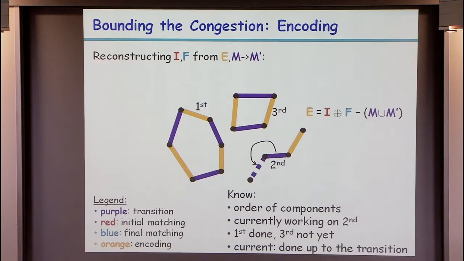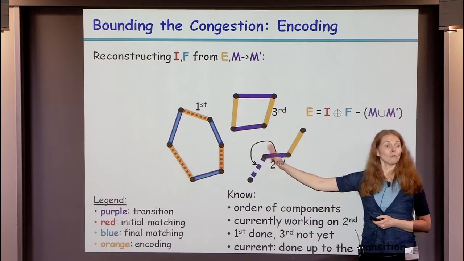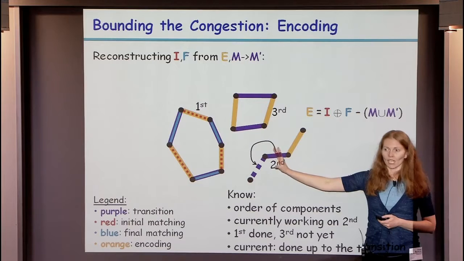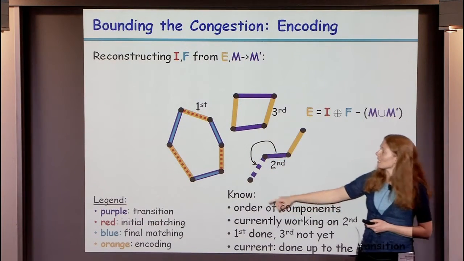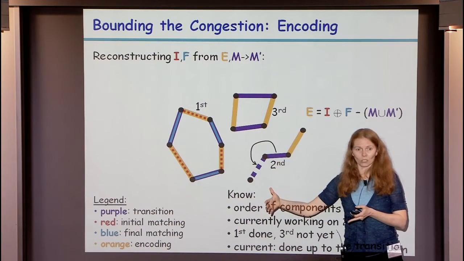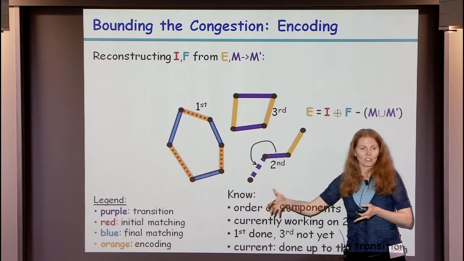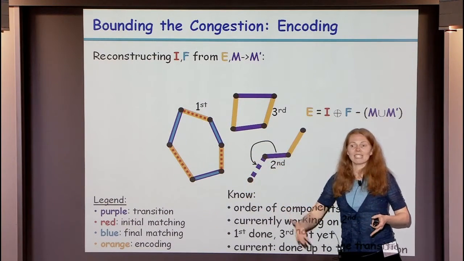So we know the components, and now we know that we are making a transition in the second component. That means that the first one must have been already done. And since the first one must have been already done, that means that the edges that are in the transition have been already switched to the final matching, to the blue one. And the edges that are in the encoding, the other ones, have been taken out.